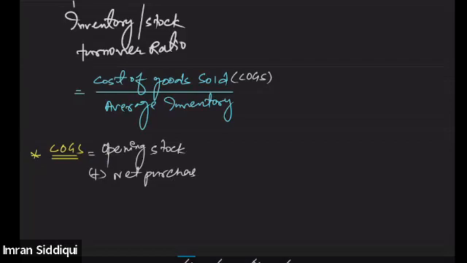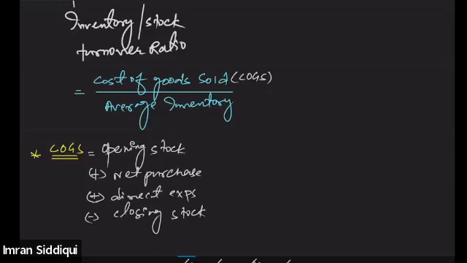Net purchases means total purchases adjusted after the purchase return. Then we add all the direct expenses to it, and apart from this, we subtract the closing stock. By doing this, we get the value of the cost of goods sold.